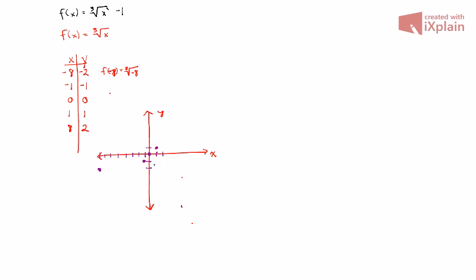Fourth is 1, 1. And then our other point is at 8, 2. If we connect this, note that we have a snake that slithers horizontally, very similar to your cubing function. So now we know what the general shape is going to be.